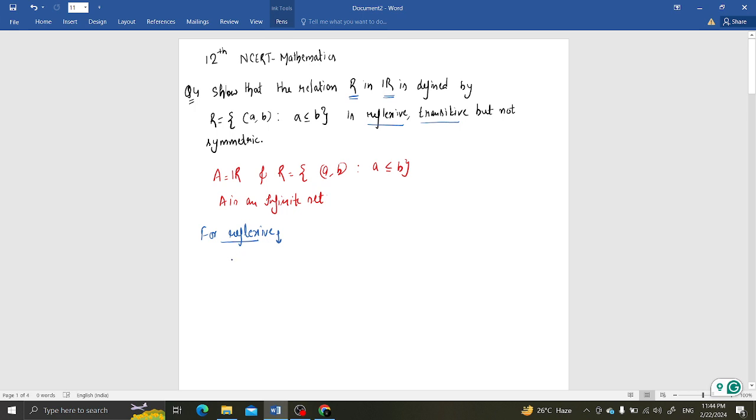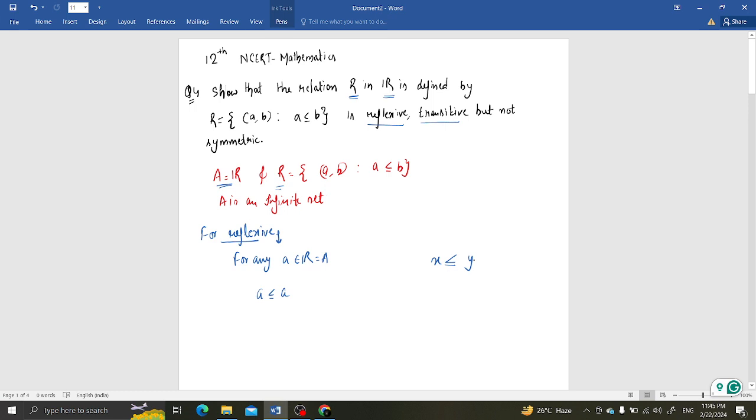Reflexive says if each element of set A is related to itself, then we say relation R is reflexive on R. So here observe, for any a belongs to R, a is less than or equal to a, because equality always holds. Suppose x is less than or equal to y.